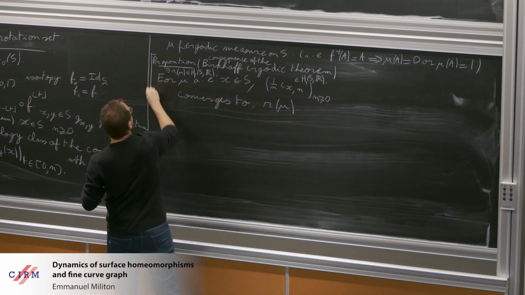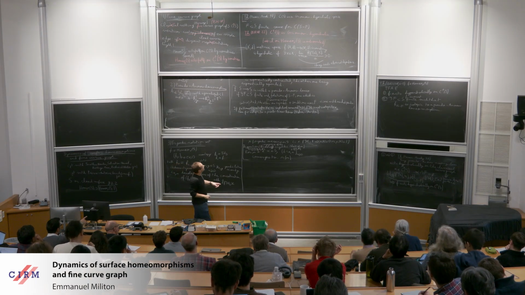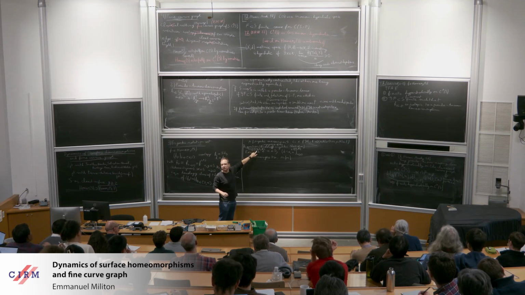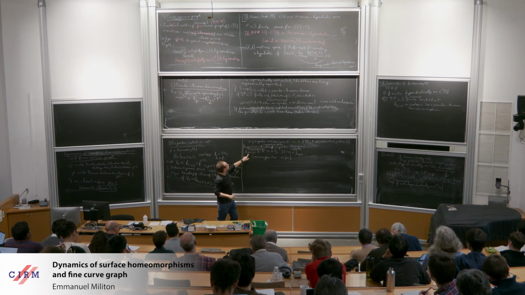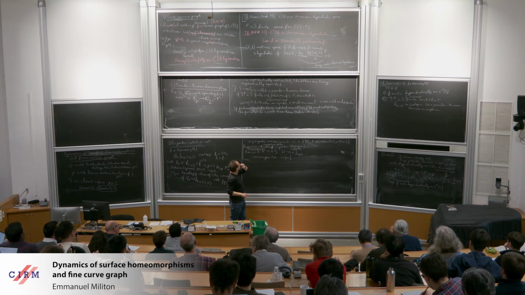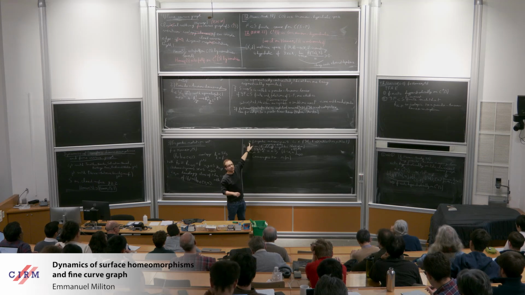Sorry, what's the first line? There exists some vector which depends only on mu. I have fixed an ergodic measure, yes.